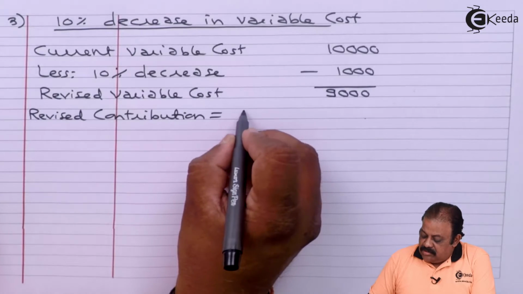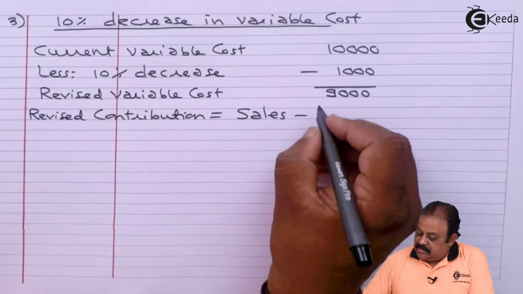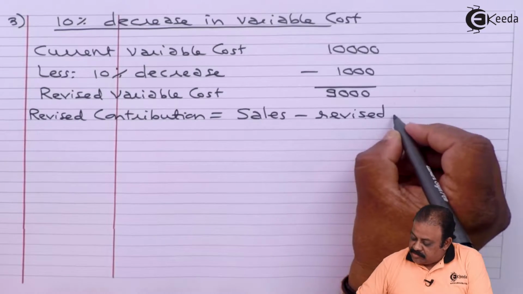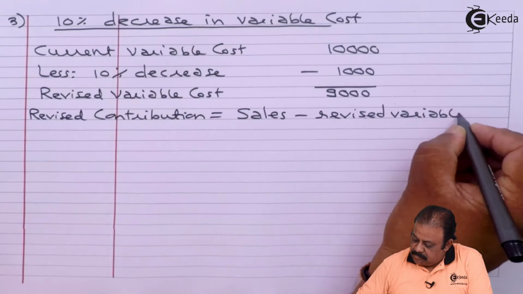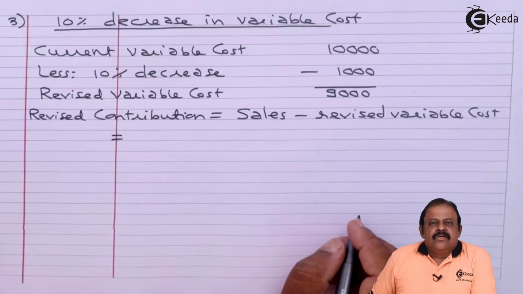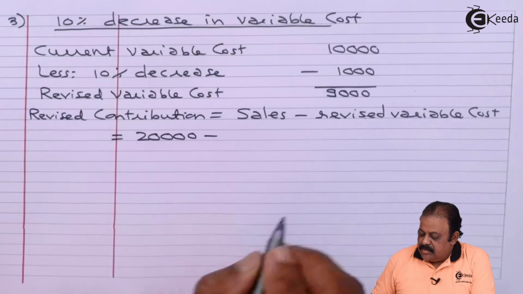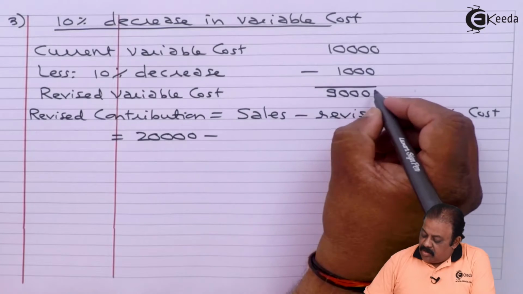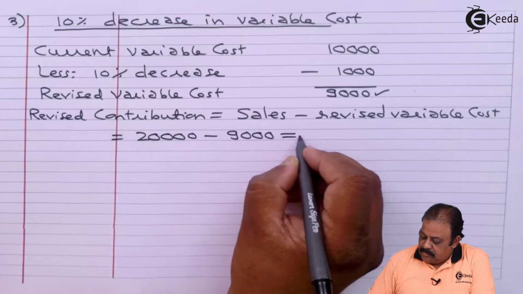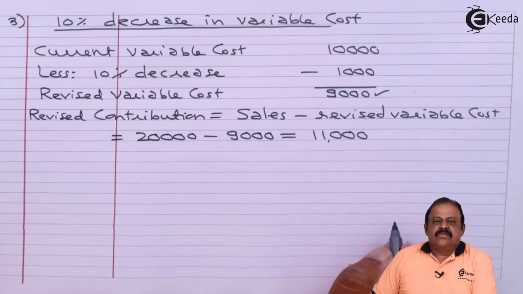Revised contribution, sales minus revised variable cost. Sales here is 20,000, no change in sales. Revised variable cost is 9,000. So revised contribution will be 11,000.